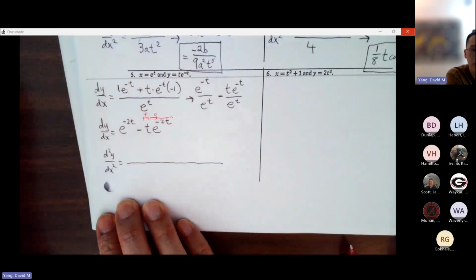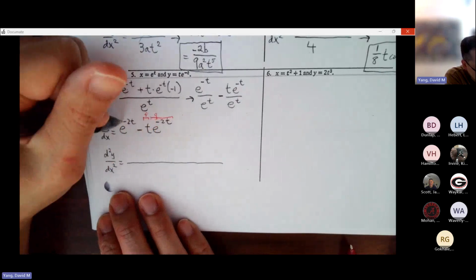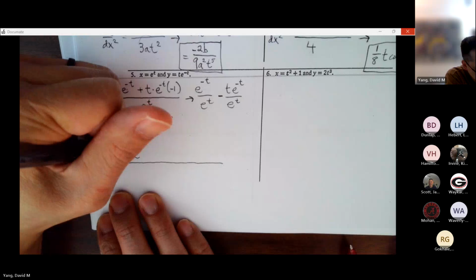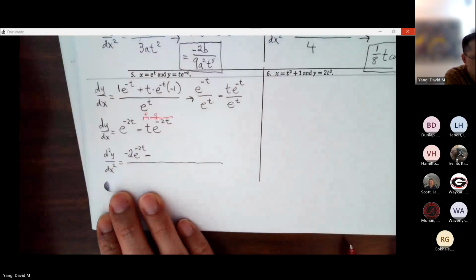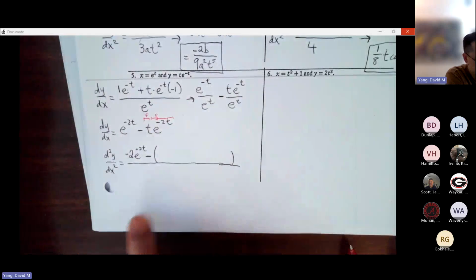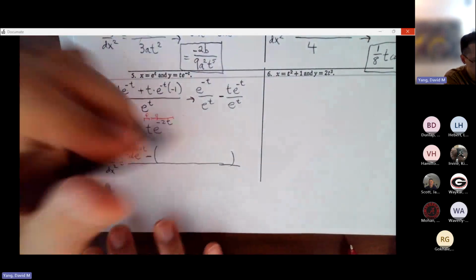All right, e to the negative 2t becomes e to the negative 2t times negative 2. Minus, I'm going to get myself ready for product rule here, f prime g plus f g prime.